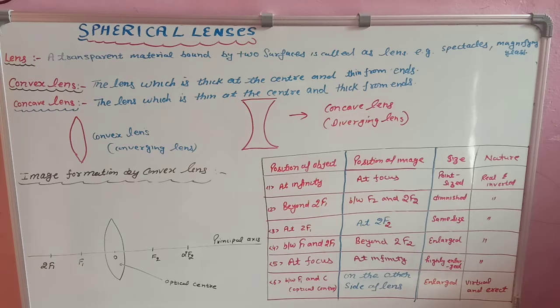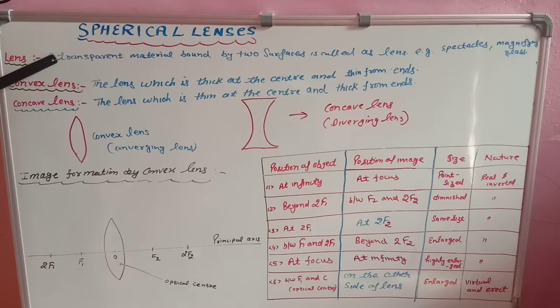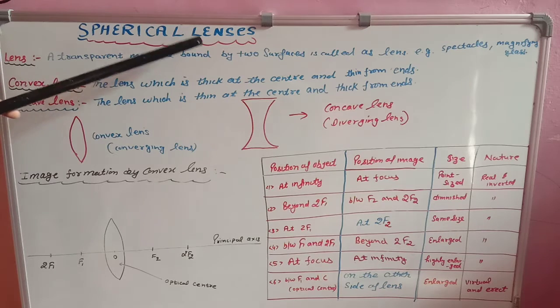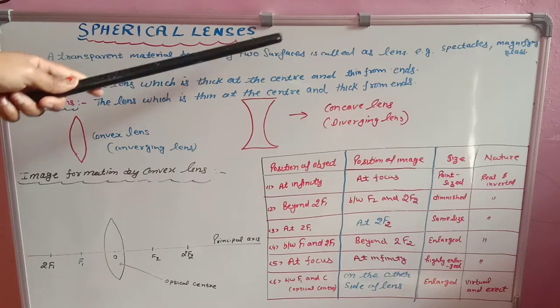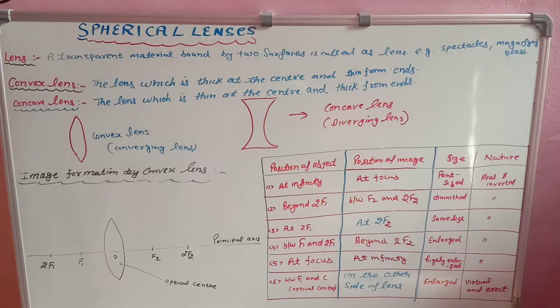So today we are going to start our next and very important topic, that is spherical lenses. Dear students, let us begin with the definition of the lens. As I told you, a lens is a transparent material bound by two surfaces. For example, your spectacles and the magnifying glass that you get in your geometry box.